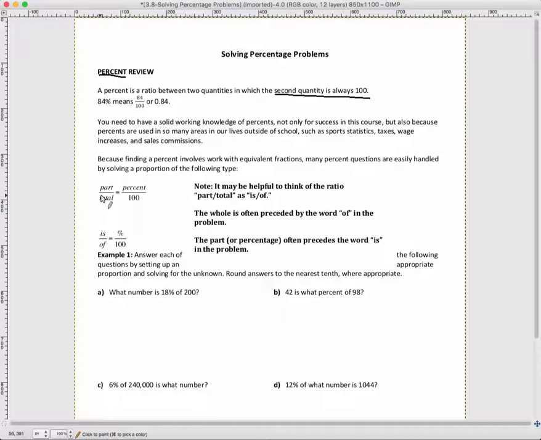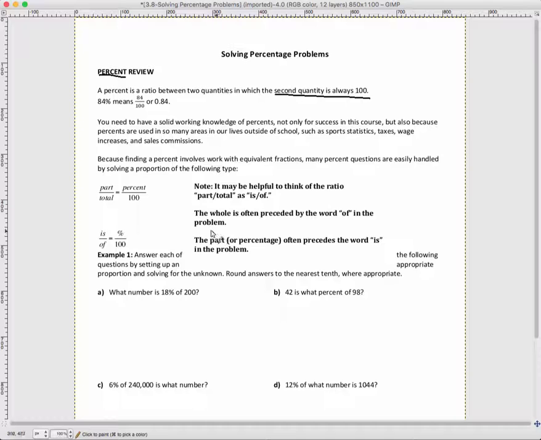So parts per total could be written as is over of, is equal to some percent out of 100. So when you're reading a question, the whole piece is usually preceded by the word "of," meaning you'll see "of" and then some extra piece of information, and that extra piece of information usually is the whole part.